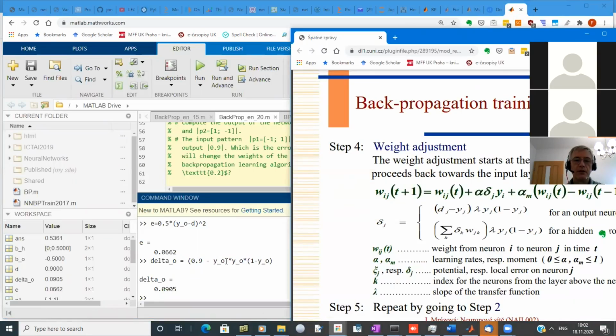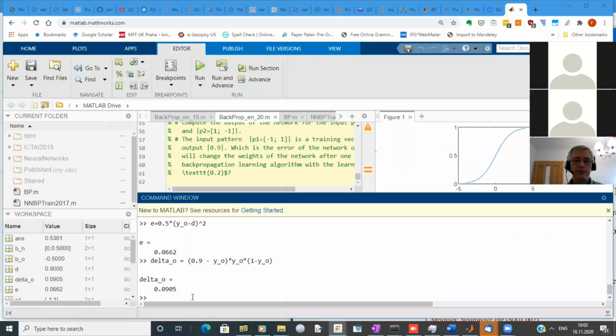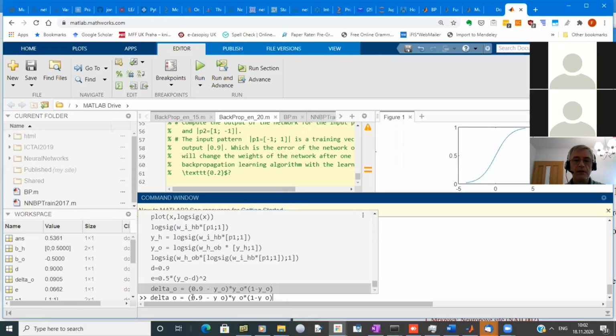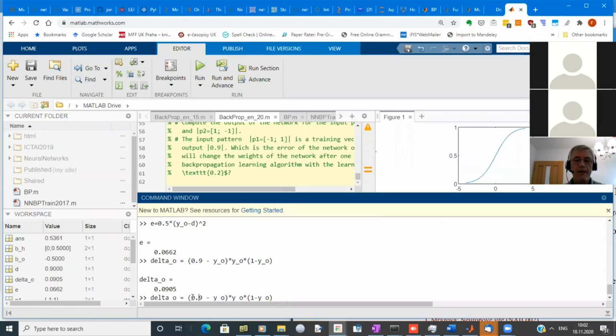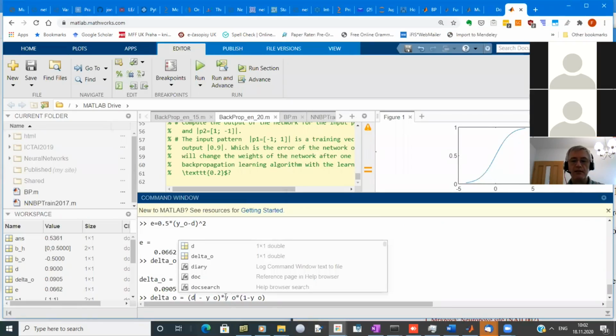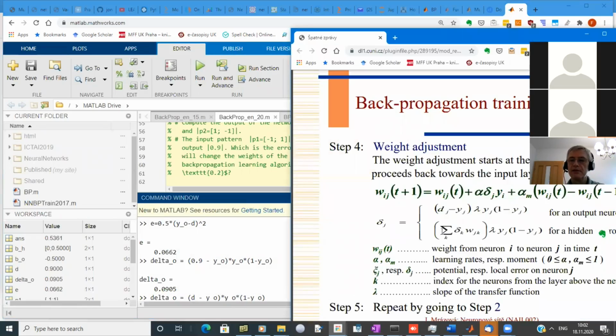So in general, this would be D, desired minus the real output, times the real output, times 1 minus the real output. This is the formula.